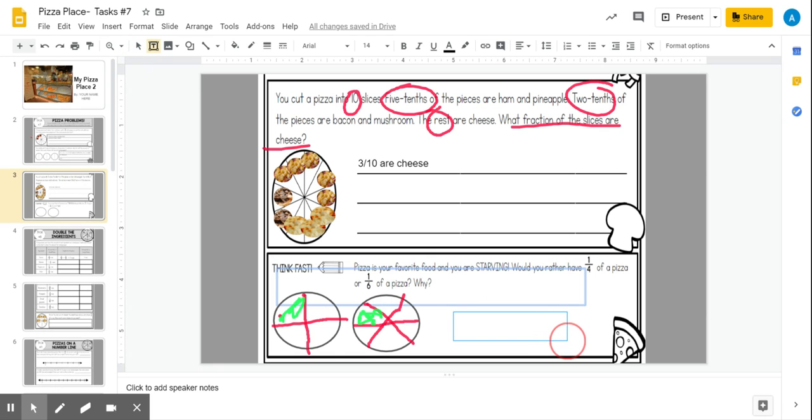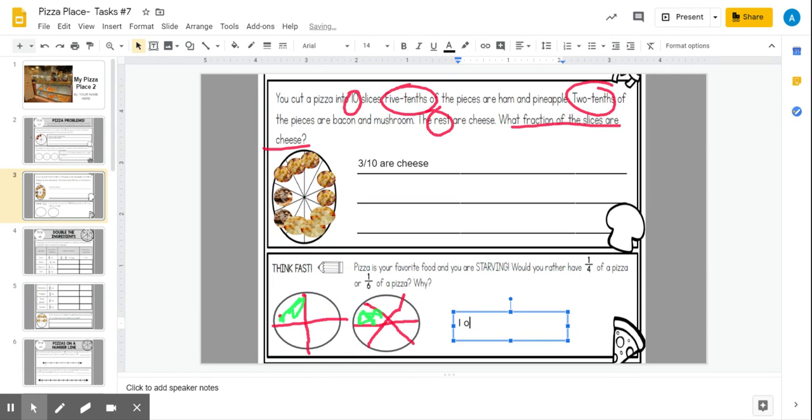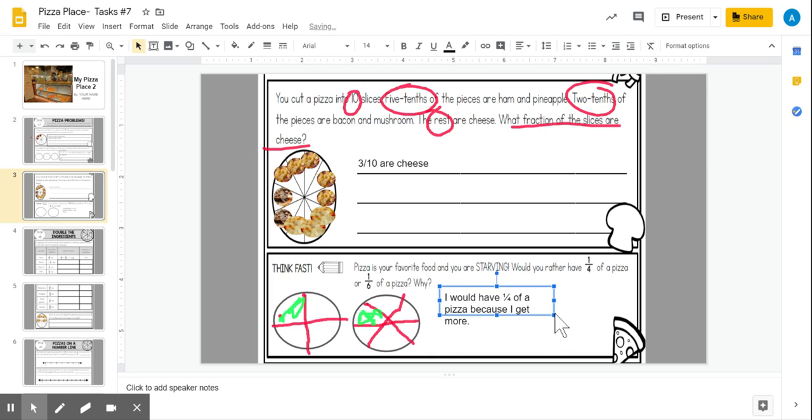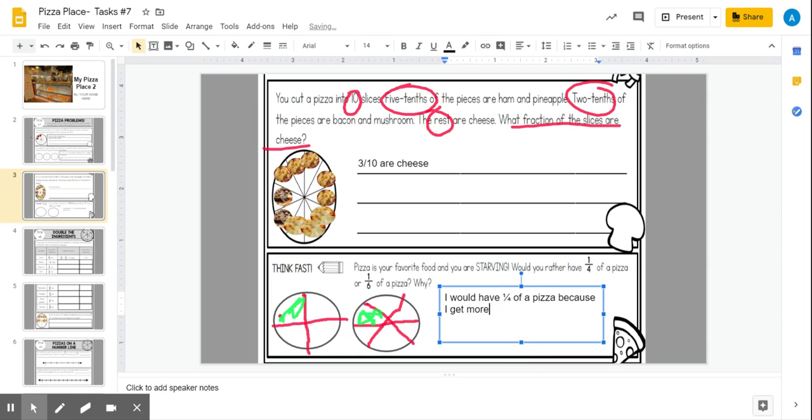Oh, I need a text box. Okay, I would rather have 1/4 of a pizza because I get more, or I could say because I would get a bigger piece.